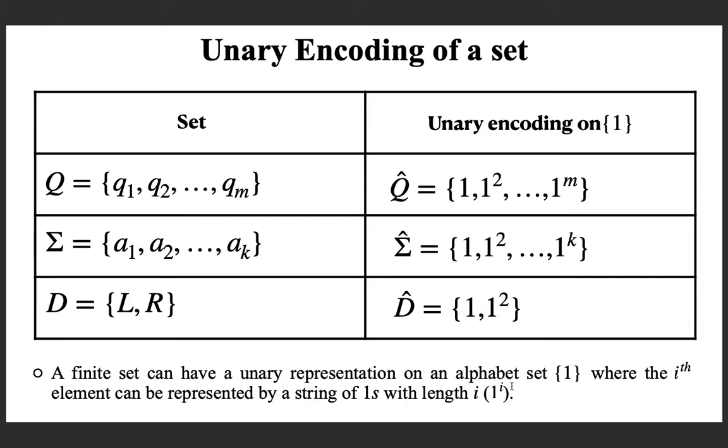So the first element of the set will be represented as 1, the second element as 1 1, the third element as 1 1 1, etc. A unary string 1 to the power 4 will be representing the fourth element of the concerned set. If you know which set it is representing, then you can identify what that element is. So that is a unary representation.